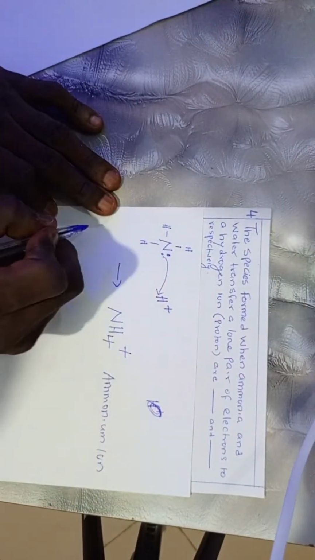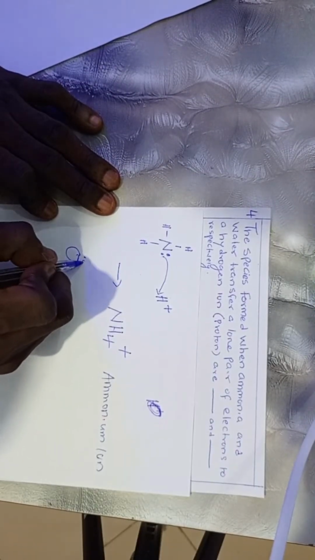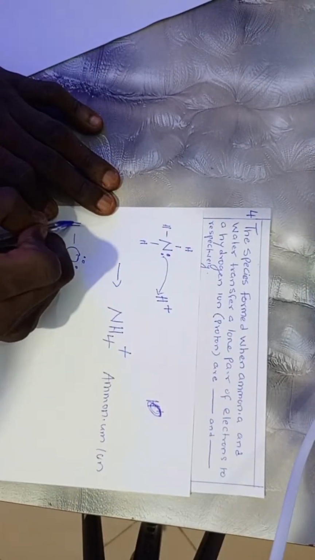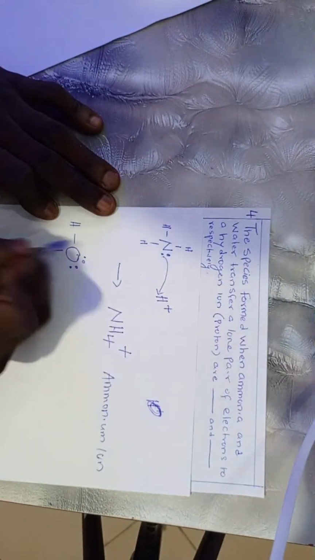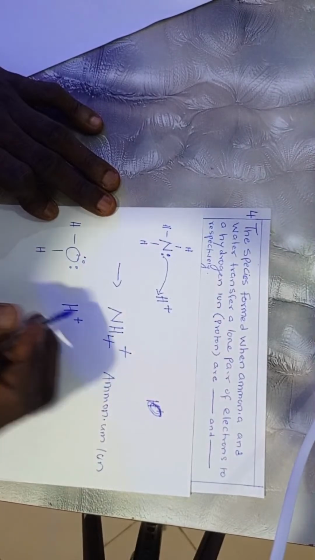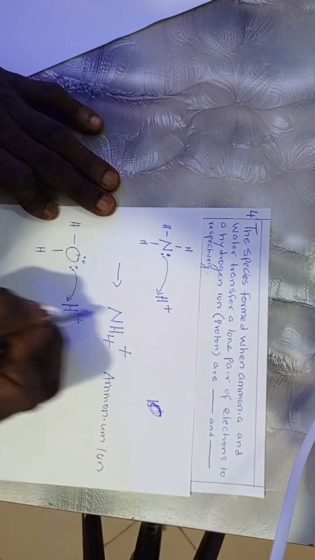Now, what about water? Water looks just like this. You have O, oxygen has two lone pairs of electrons. Okay, we have hydrogen here, have hydrogen here. All right, now when water as a molecule donates a lone pair of electrons to hydrogen ion, the same thing that happens here also happens here.